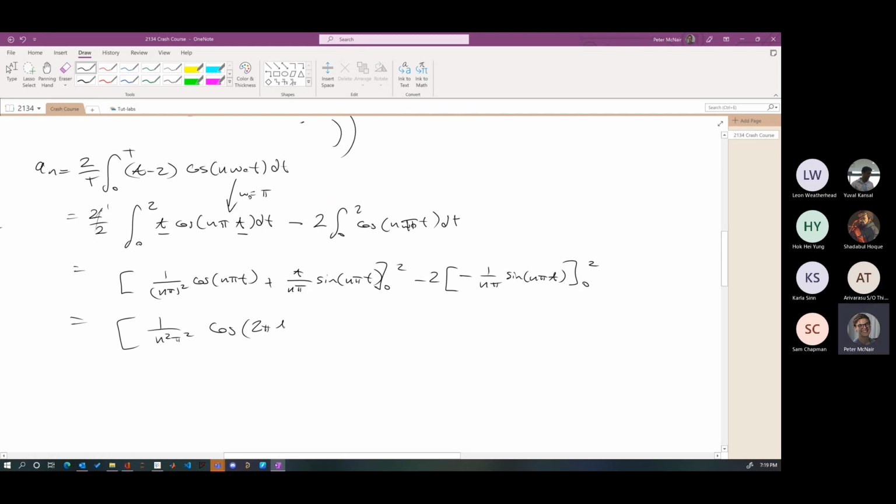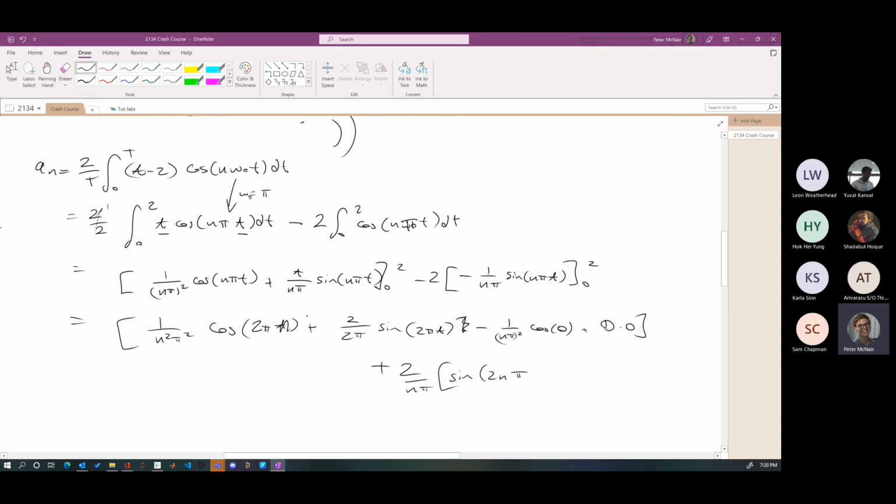Cos of 2 pi n plus 2 on n pi sine of 2 pi n minus 1 on n squared pi squared cos 0 plus 0 times 0. And then this is minus 2 on n pi sine of 2 n pi.